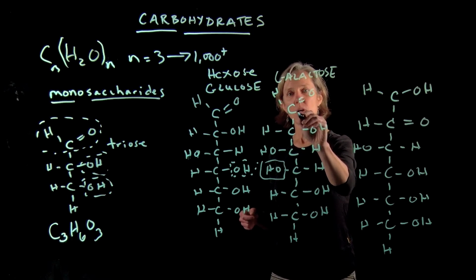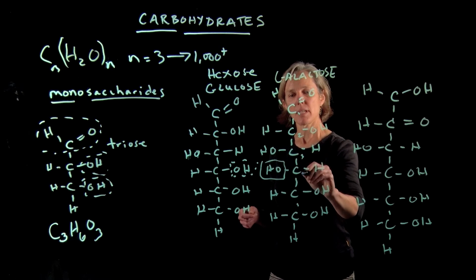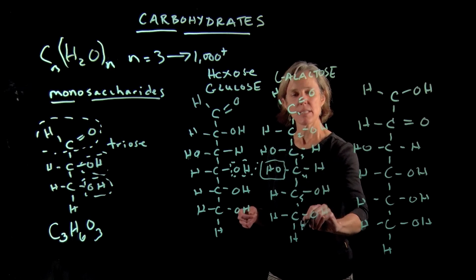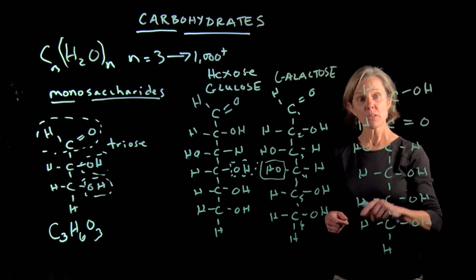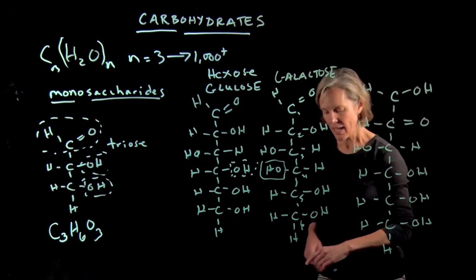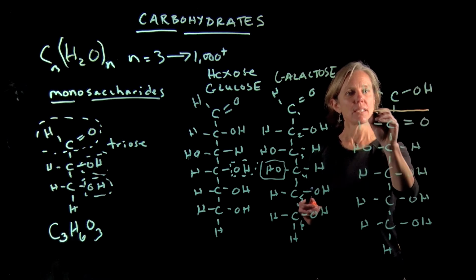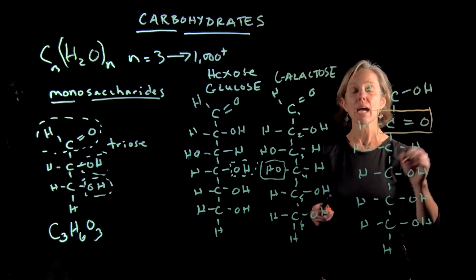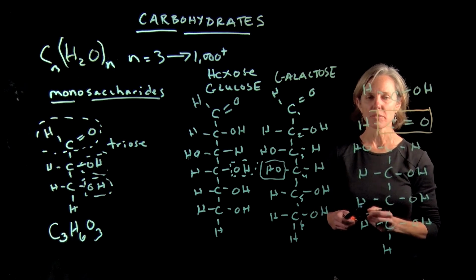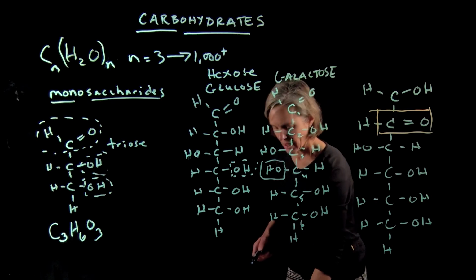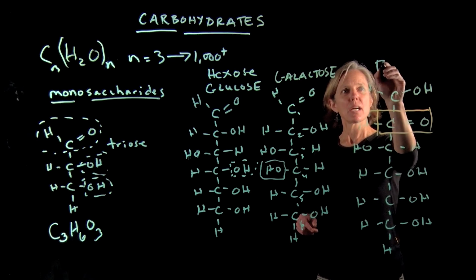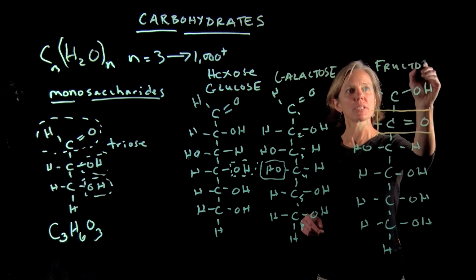So this would be carbon 1, 2, 3, 4, 5, and 6. Here we've put the carbonyl group on the second carbon, and in this position, instead of being an aldehyde, it's now a ketone or a ketose sugar. Okay? And instead of being galactose, it's a carbohydrate called fructose.